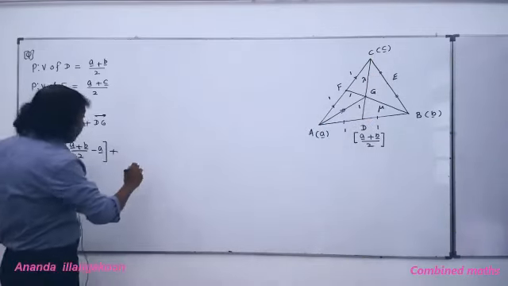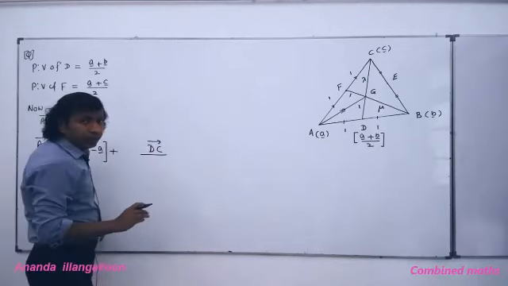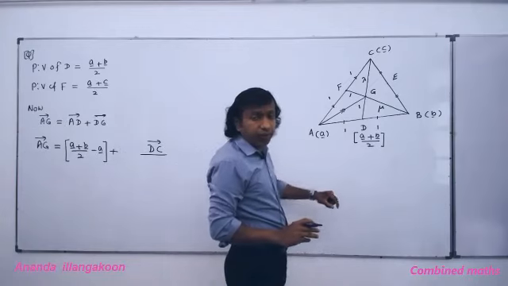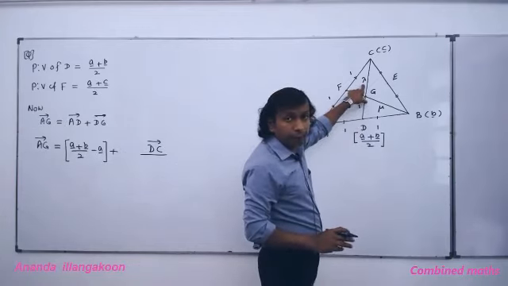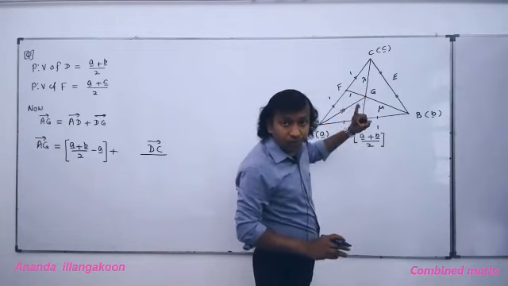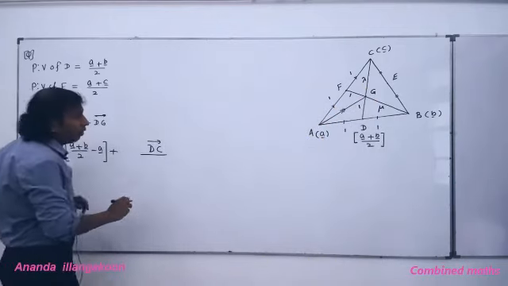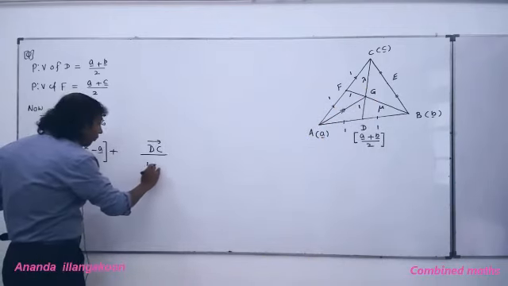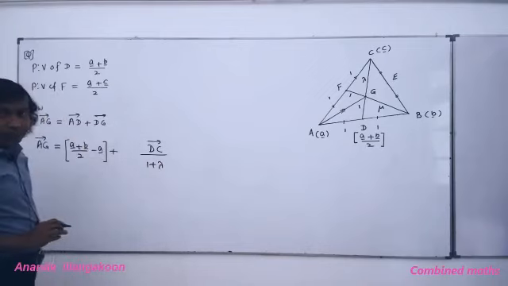What is that, people? DC vector we divide by what? 1 plus lambda. Since we need this DG vector, the corresponding ratio is 1, no? By 1 we have to multiply. Then we get DC divided by 1 plus lambda. Is this the DG vector? Okay.